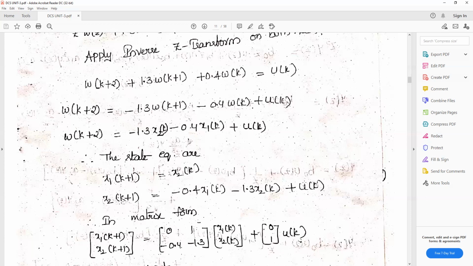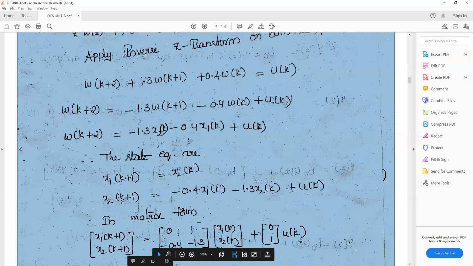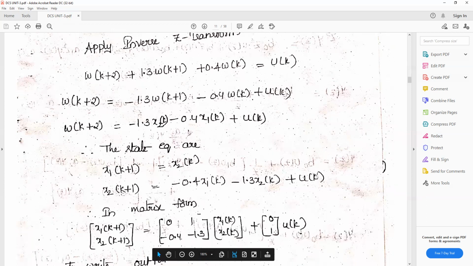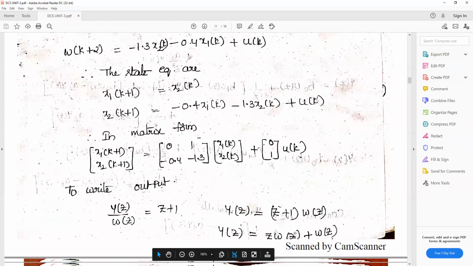So x1 of k plus 1 is x2: the x2 coefficient is 1 and the x1 coefficient is 0. And x2 of k plus 1 is minus 0.4 x1 minus 1.3 x2, plus in the u of k term, 0 and 1.